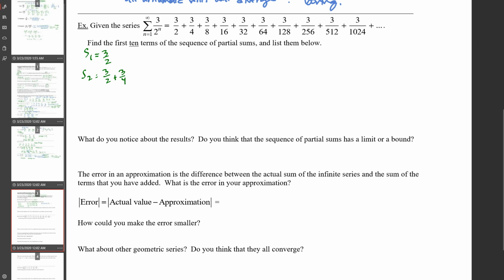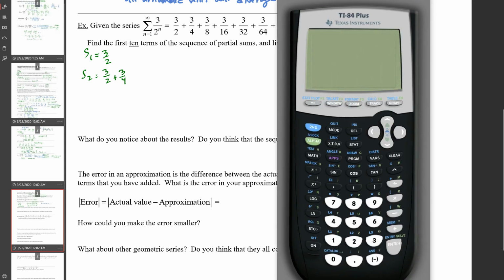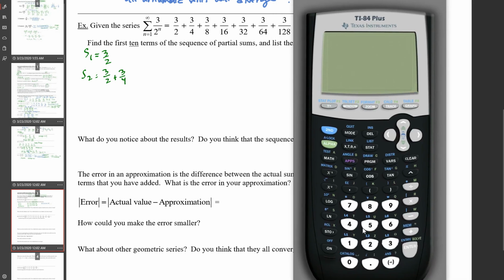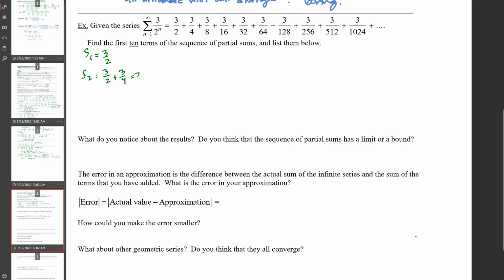So if I pull my calculator over, I can say, what's 3 halves, which is 1.5, plus 0.75, and we can see that's 2.25. And I can do S3, which is going to be 3 halves plus 3 fourths plus 3 eighths.